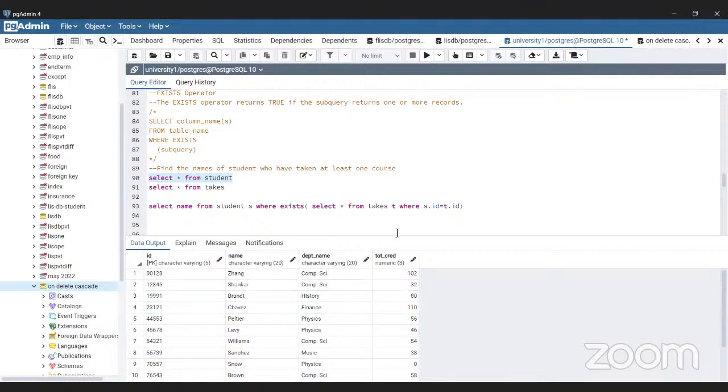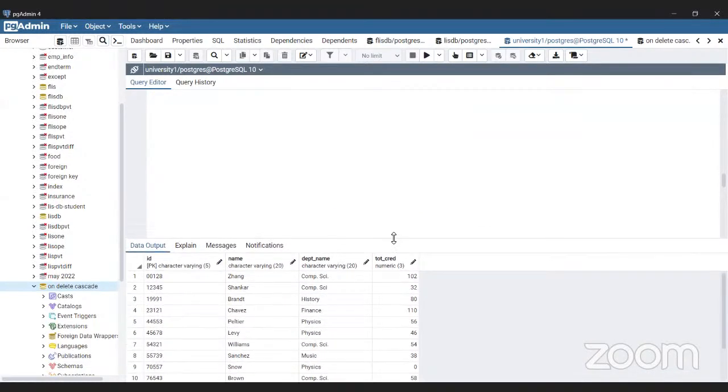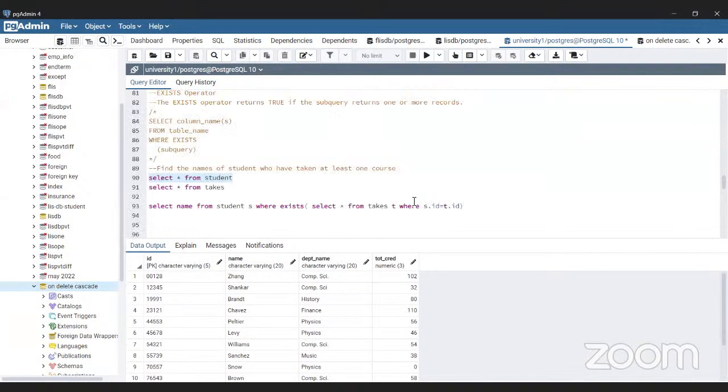Did you get it, or shall I explain once again? I got it in the sense that I'm also doing a join in the subquery itself, because I'm joining the attribute in the main query to the subquery, and that's how it is filtering.